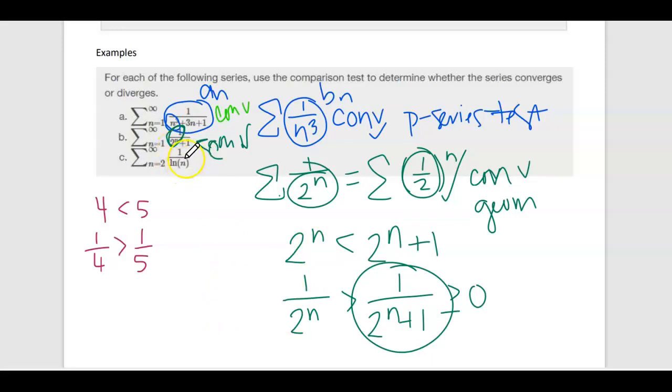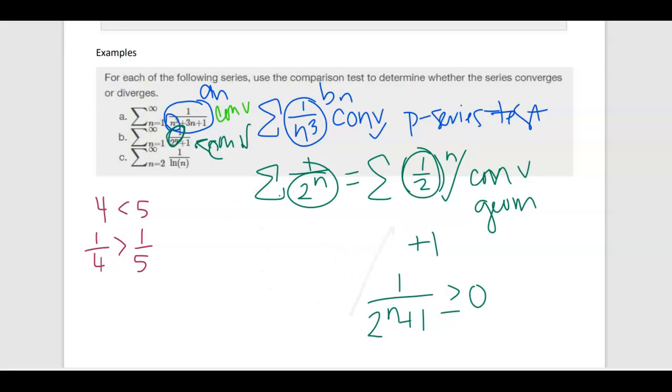All right, let's look at this bottom one. Now, when I'm looking at natural log, I know that overall things with natural logs cause some problems, right? Let's think about a series maybe that diverges.